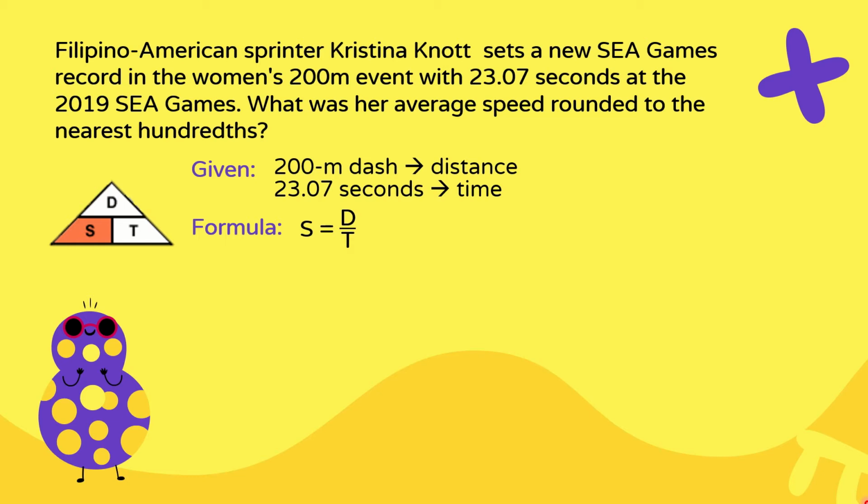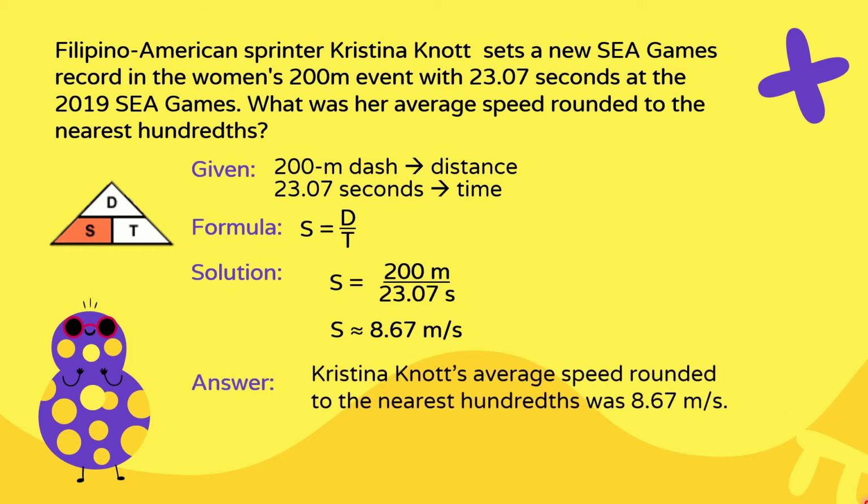Let us now substitute the given values to the formula. 200 meters divided by 23.70 seconds, that would be approximately 8.67 meters per second. So therefore, the average speed rounded to the nearest hundredths was 8.67 meters per second.